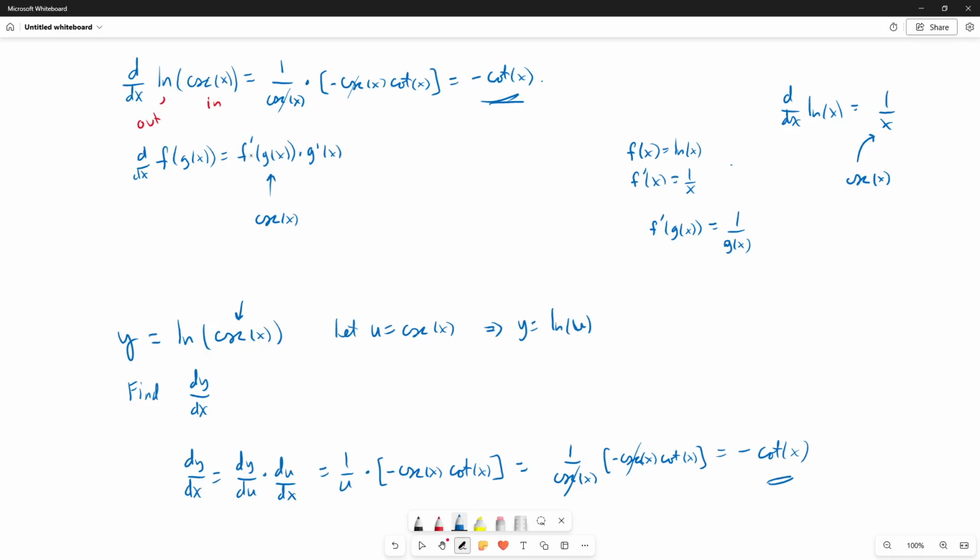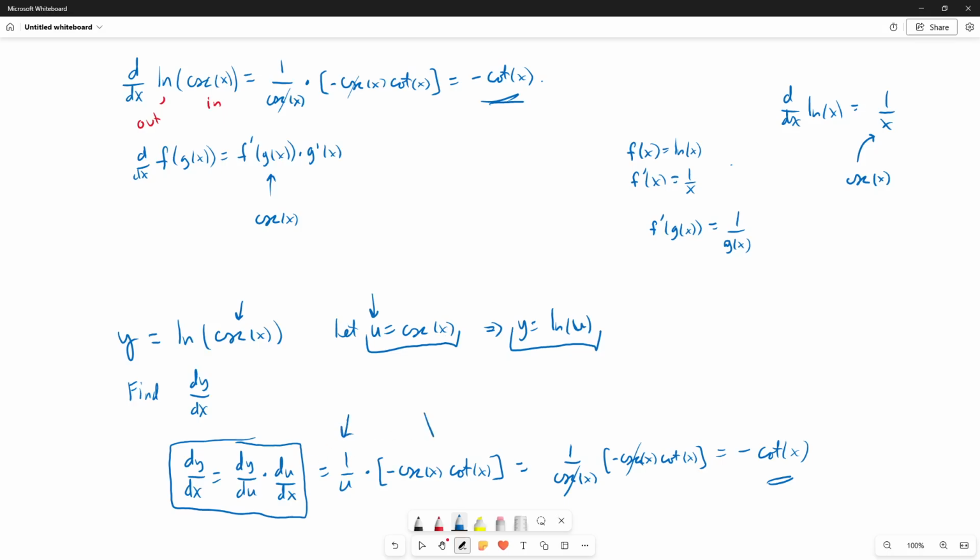One is with the f prime notation. The derivative of f of g of x is f prime of g of x times g prime of x. And the other is to unravel the function using an intermediary variable and saying that y is equal to the natural log of u, where u is the cosecant of x. And then the chain rule in the Leibniz format, dy dx equals dy du times du dx. dy du comes from the derivative of this equation, and du dx comes from the derivative of that equation.